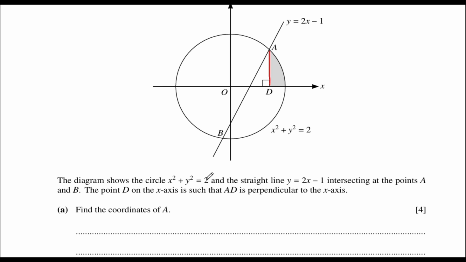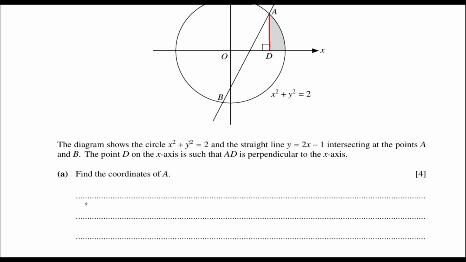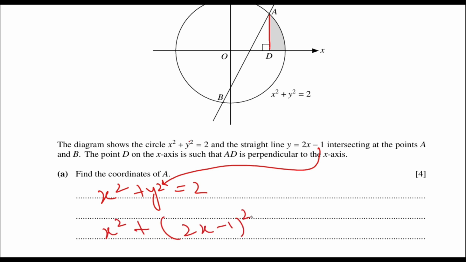Alright, so now the thing we have to do is use the circle equation to proceed. x square plus y square is equal to 2, and we have y is equal to 2x minus 1, so we will put it over here. x square plus (2x minus 1) square is equal to 2.